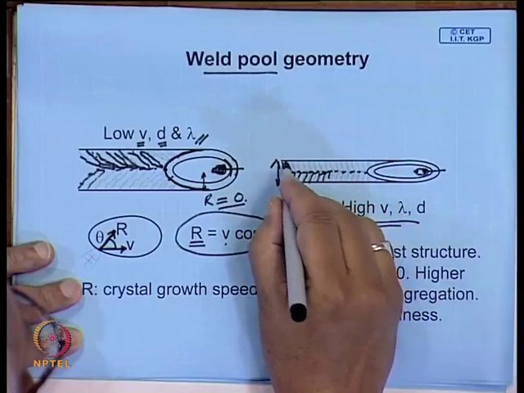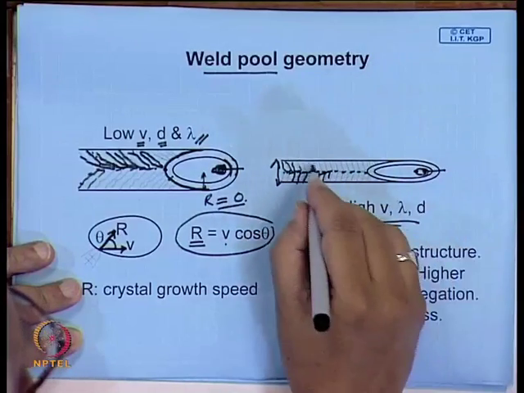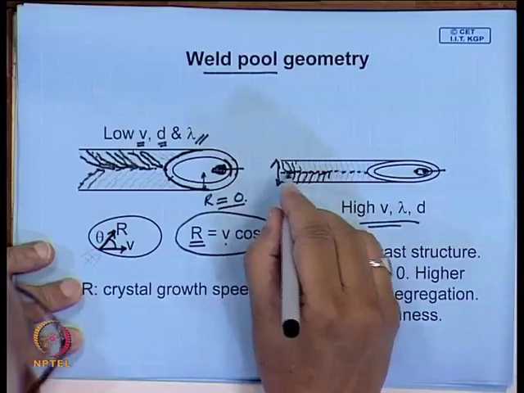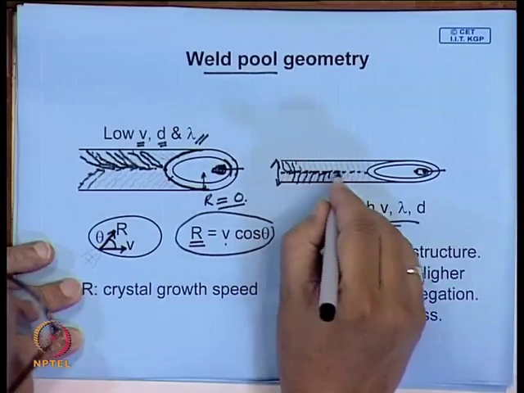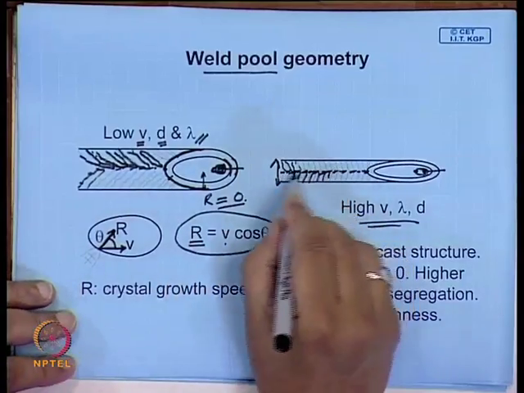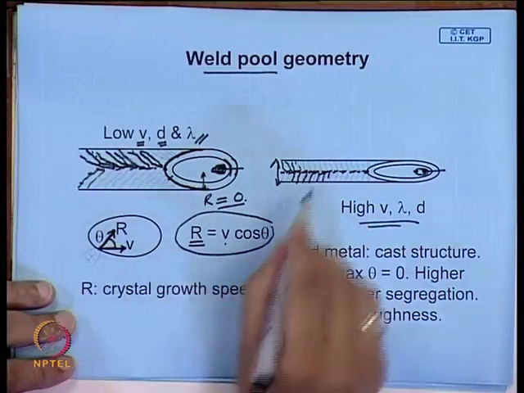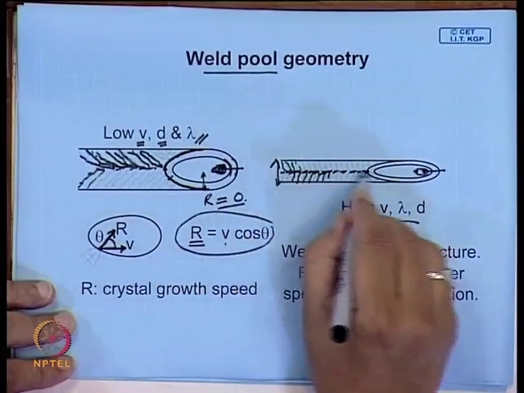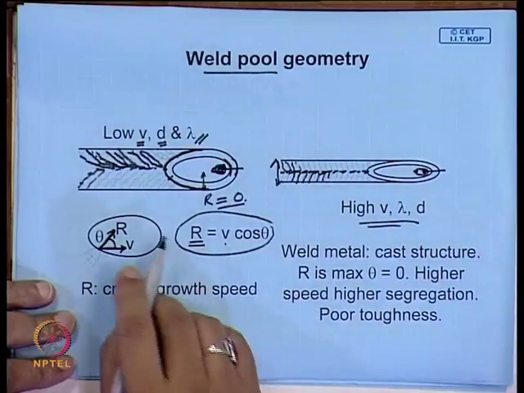So, this is a problem in all high energy welding processes. All these segregations will be pushed to this center line of the weld, and they will be the source of weakness. So, these are the lines along which often the fracture takes place.